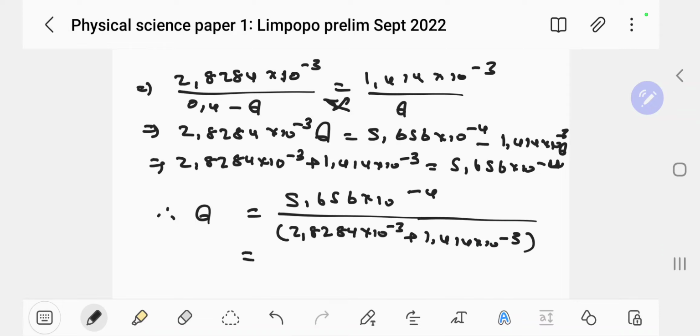Okay, this was a bit of a hectic calculation. Divide by that sum. So I'm getting 0,13 meters to 2 decimal places.